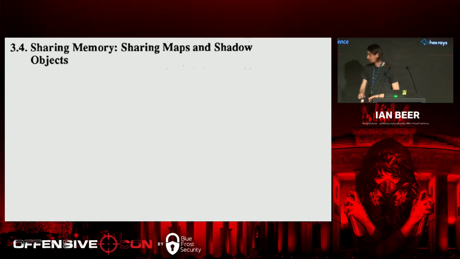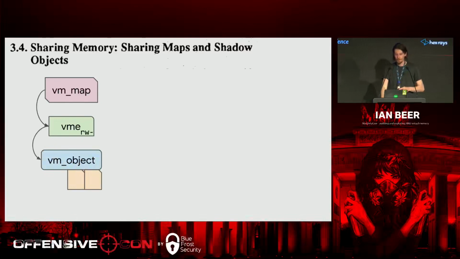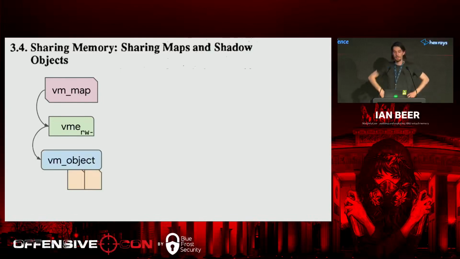And then it gets a little bit more complicated. So one of the fundamental things to realize here is that VM maps and VMEs and VM objects themselves don't actually have inherent protection. There's no notion of a read-only VM object because no one interacts or should directly interact with a VM object.